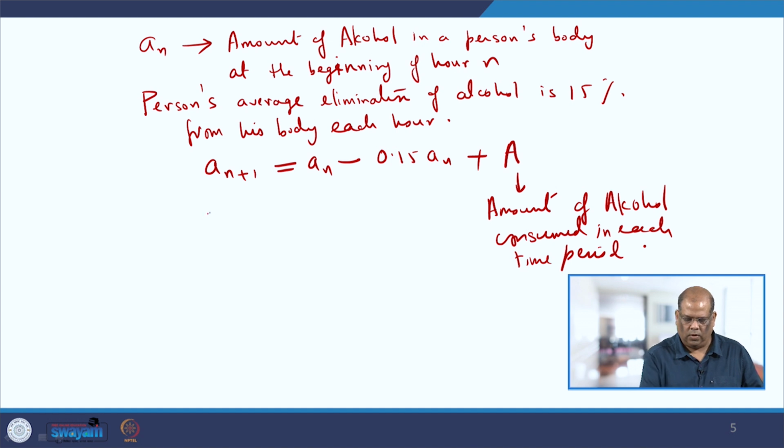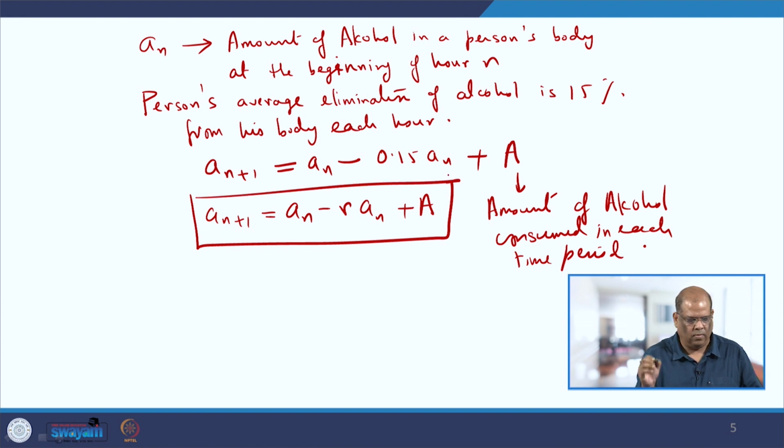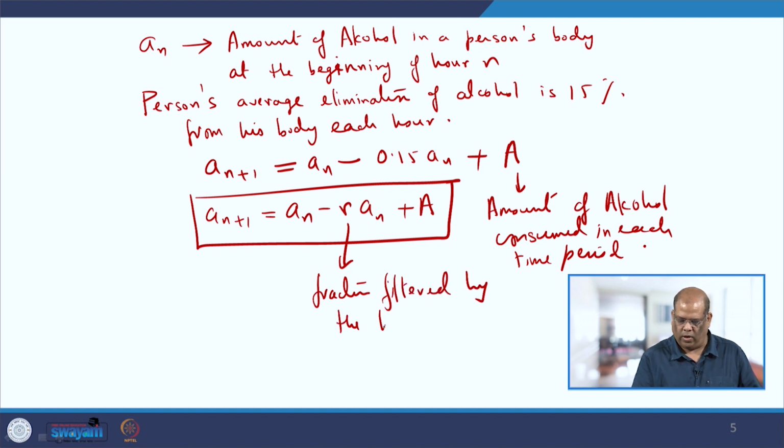I can generalize it: A_{n+1} equals A_n minus R times A_n, plus A. R is the fraction filtered by the kidney, by the body cells.